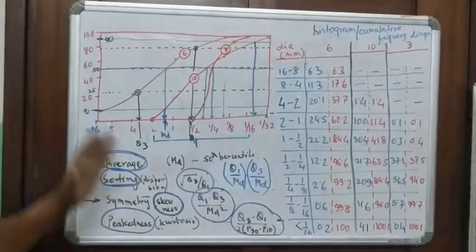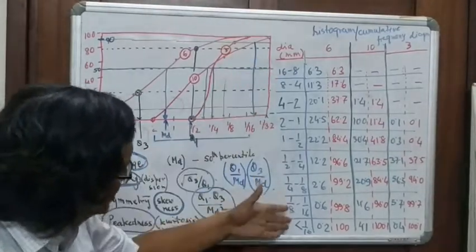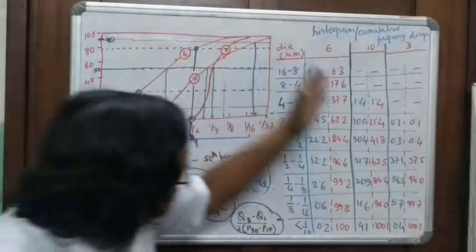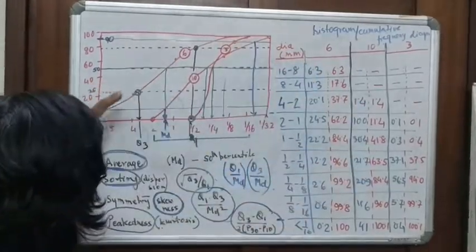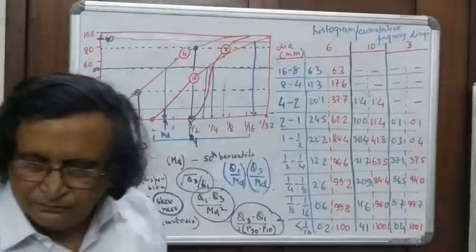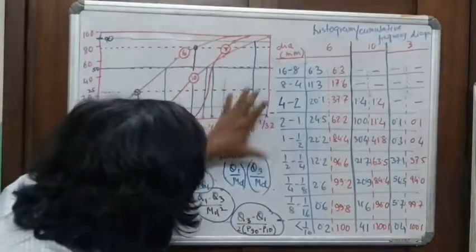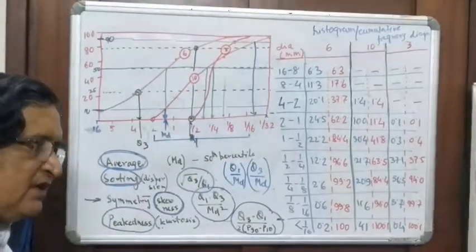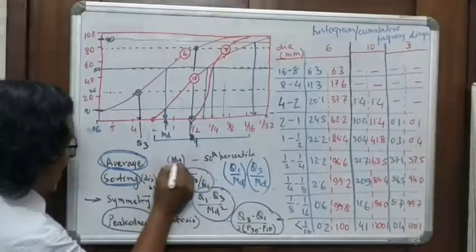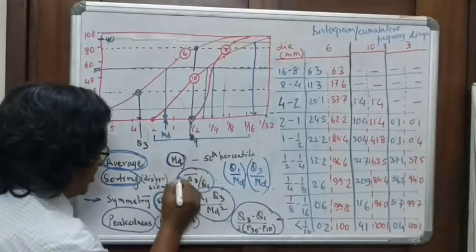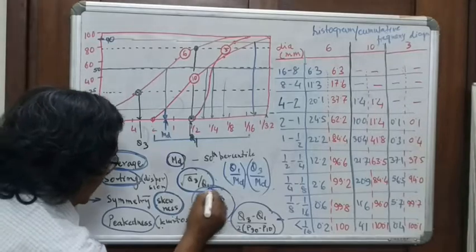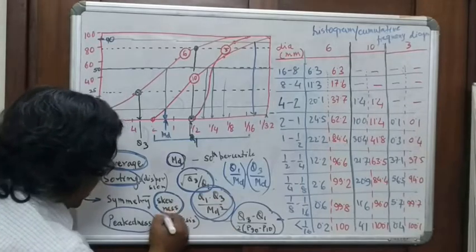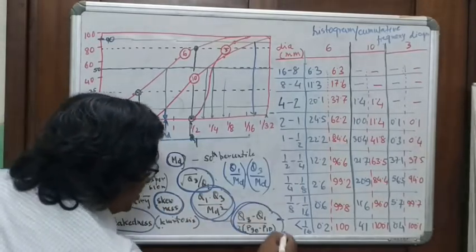And then when you plot your class interval with the cumulative frequency, you will generate a curve like this. You will generate different shapes of curves from which you can find out several statistical parameters like median, like sorting, like skewness, like kurtosis.